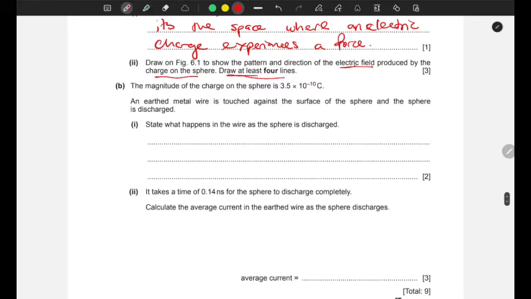The magnitude of the charge on the sphere is 3.5 times 10 to the power of minus 10 coulombs. An earthed metal wire is touched against the surface of the sphere, and the sphere is discharged. State what happens in the wire as the sphere is discharged. Right. So when the sphere is discharged, electrons move through the wire from the sphere.